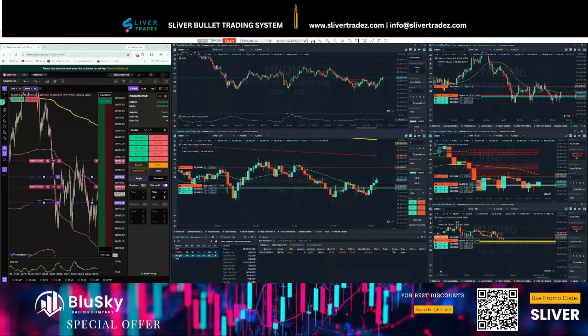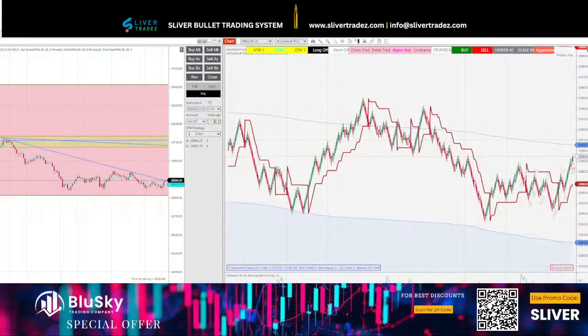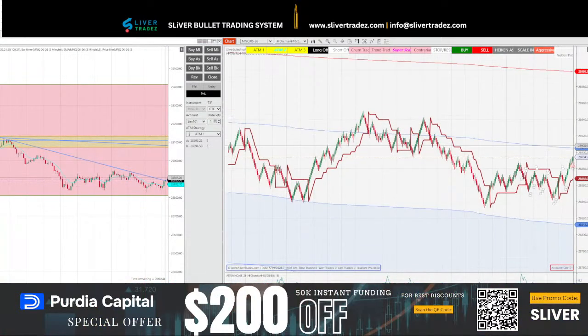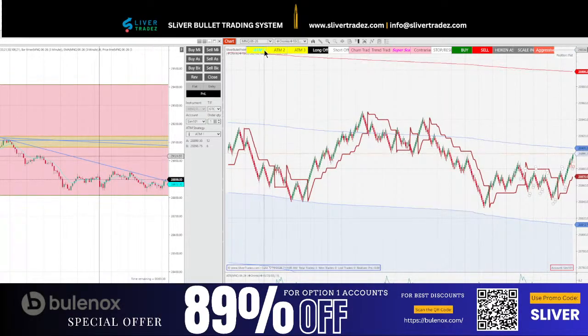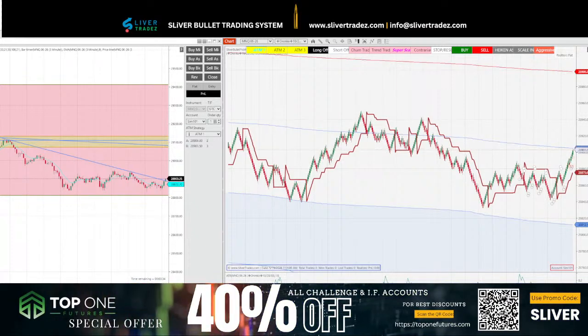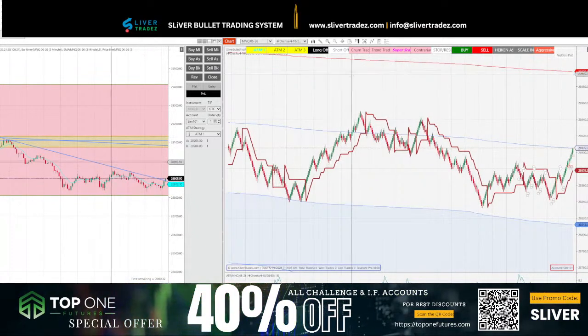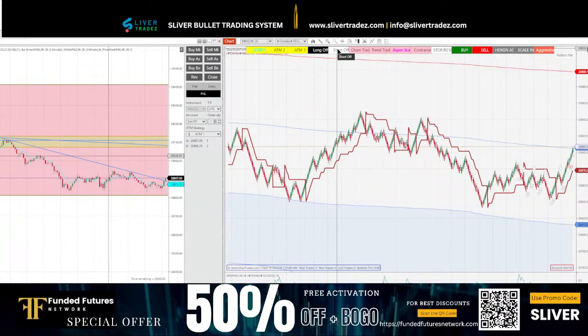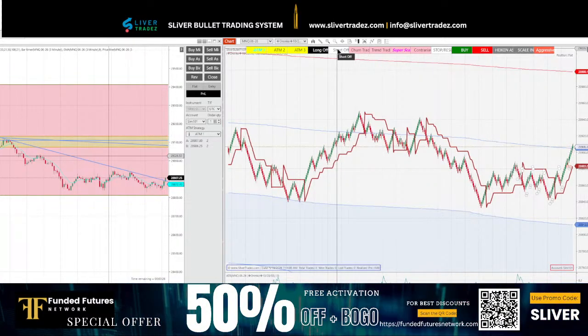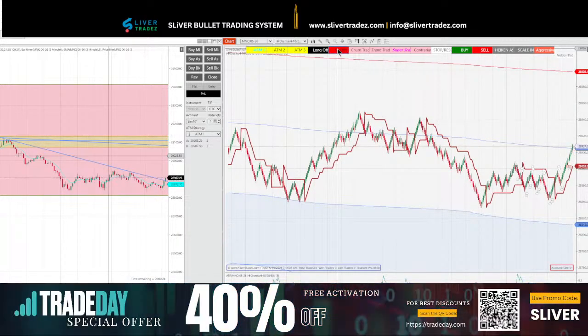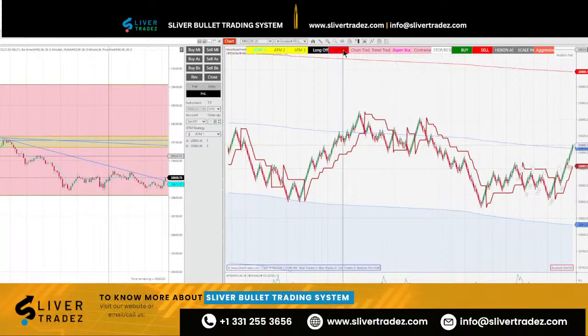All right, so let's see what's happening on the other chart. So here the market is at the 1 SD level. So I'll take a trade here with the automated software.